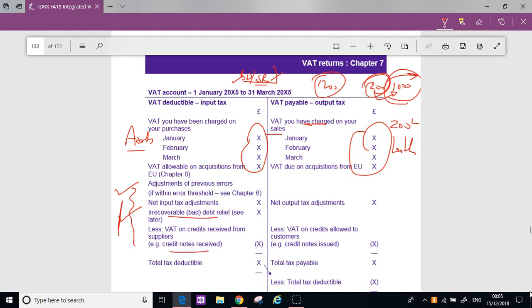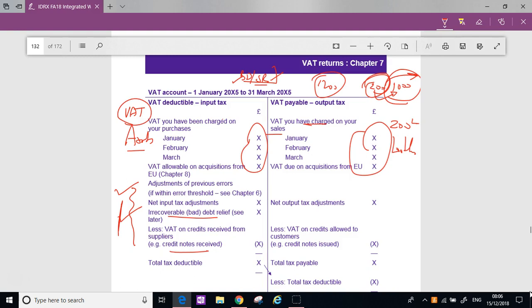And the flip side really must be that if you were going to claim VAT on certain goods, well, if you have returned some of those goods, ultimately, when you're doing the T account, you really should reduce the VAT that you'd be able to claim back on those goods. So that's kind of the real story there.